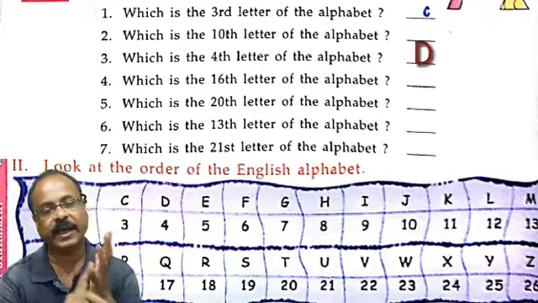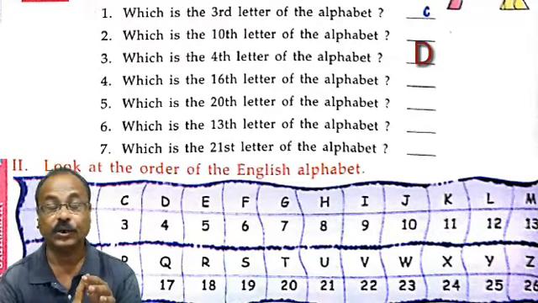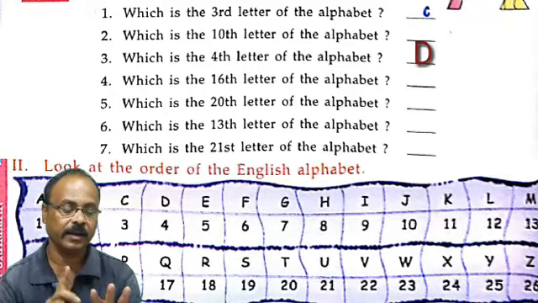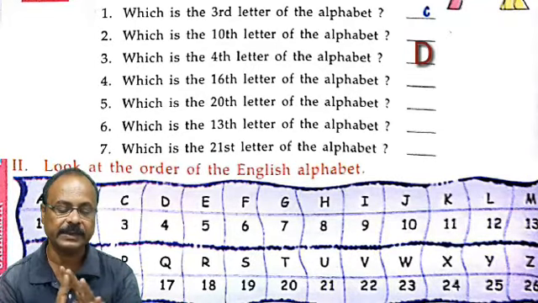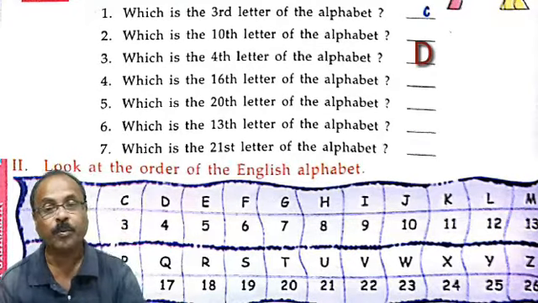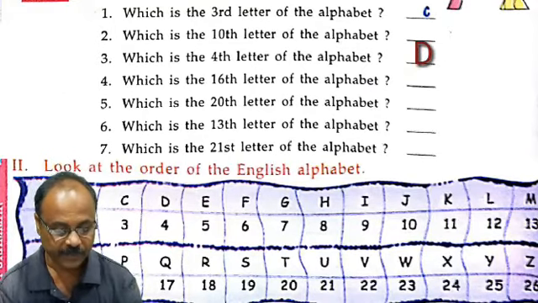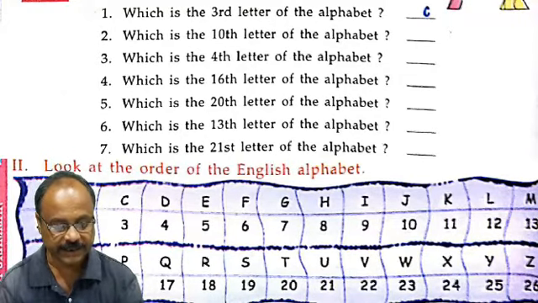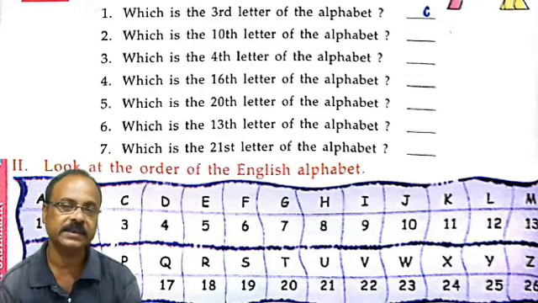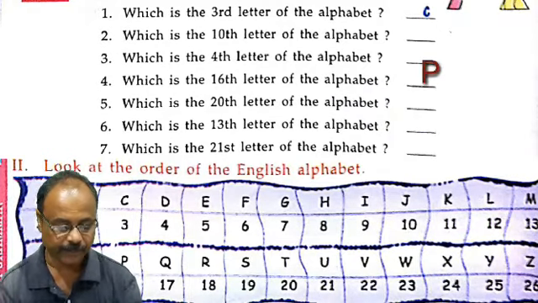A, B, C, D. So D is the 4th letter of the English alphabet. Which is the 16th letter of the alphabet? P. P is the 16th letter of the alphabet.